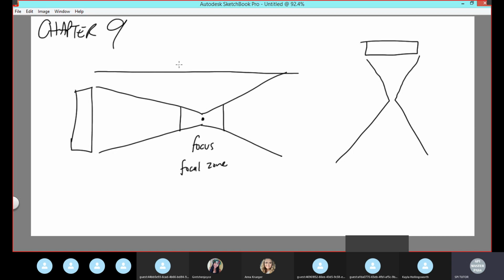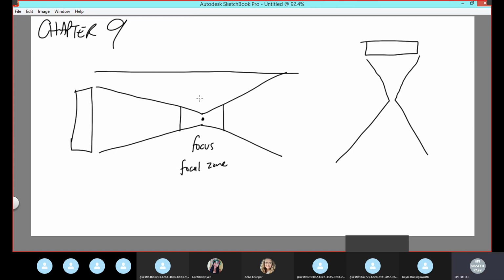It's kind of like when you focus your eyes on a single point. That's all it is. So then you have your focus, which is the very, very center. That is the center of the universe per se, okay? And then you have the focal zone, which is an area surrounding the focus. And the center of the focal zone is the focus. So again, the focus is just the center. That's it. It's the center.